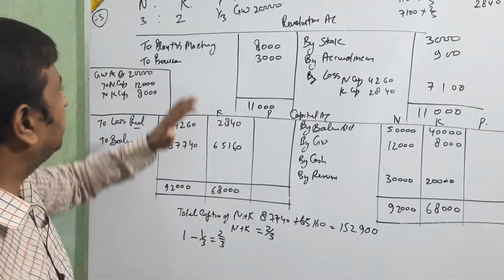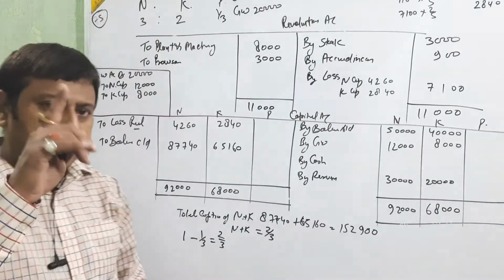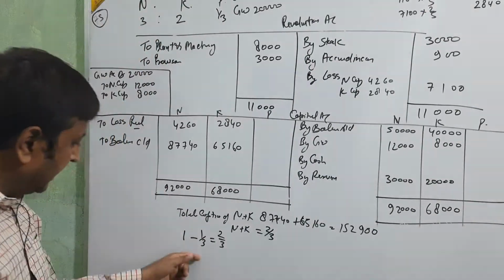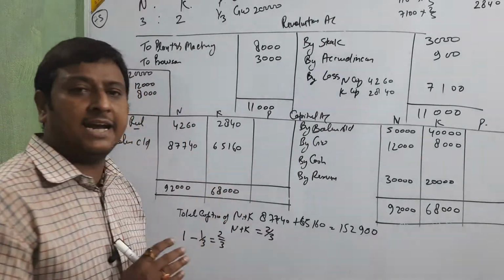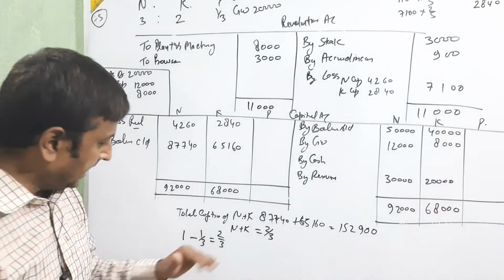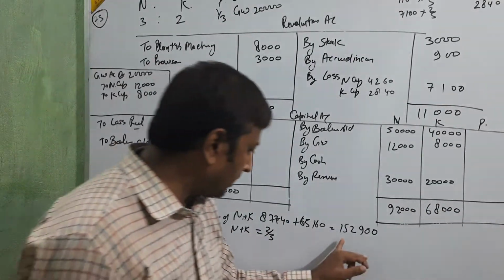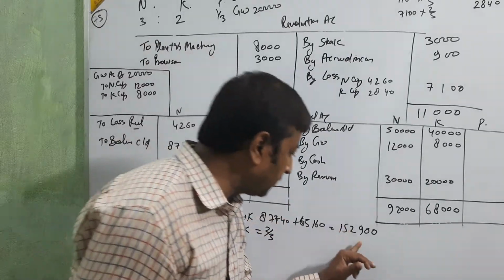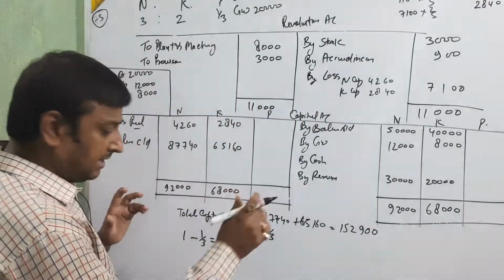It's just calculated on the basis of ratio. For P 1/3 and the total ratio is 1. One less the new partner's ratio, the remaining ratio is for Name and Khem. So the Name and Khem ratio is 2/3, and their total capital is 1,52,900.